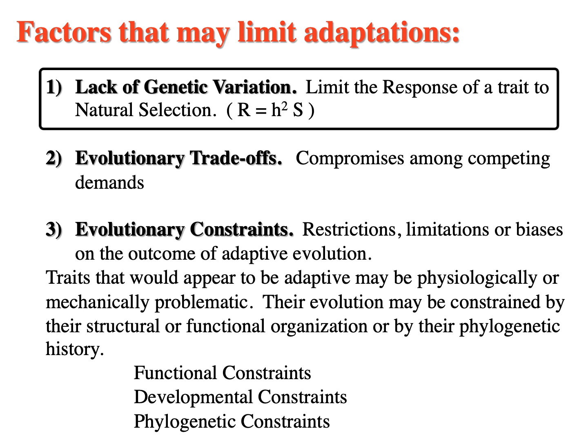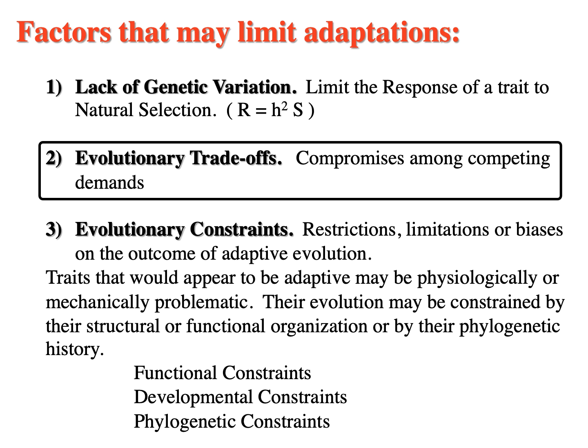So if heritability is high and selection is high, then the response will be also a large value. And the converse of that is if heritability and selection are low, then there will be almost no response. So essentially this is saying if there's not much variation within the population, then adaptation will be low also.